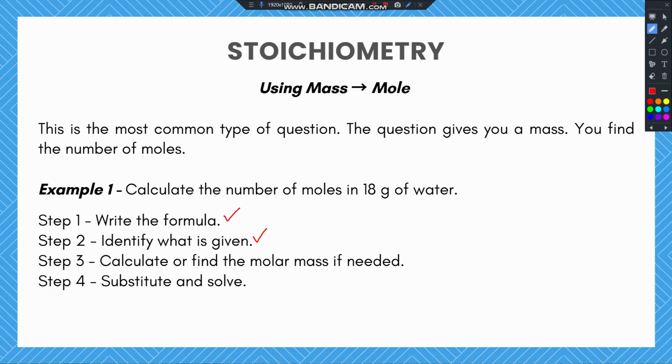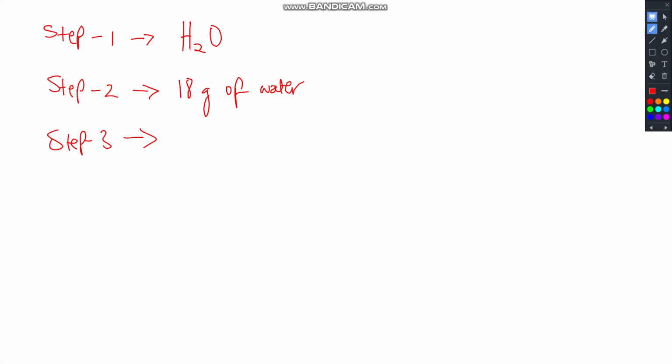Step number three will be to calculate or find the molar mass if needed. We can calculate the molar mass of water, H₂O. How do we do that? We simply substitute the individual atomic masses. Now, hydrogen has the atomic mass of 1 and oxygen has the atomic mass of 16. So if we're to calculate the molecular mass, hydrogen appears just 2 times and oxygen appears once.